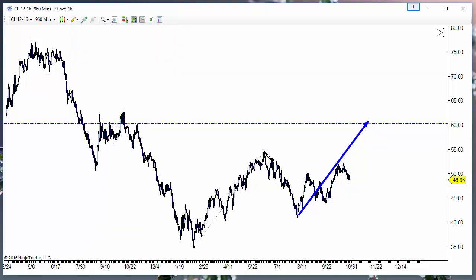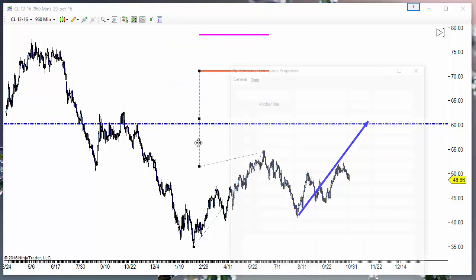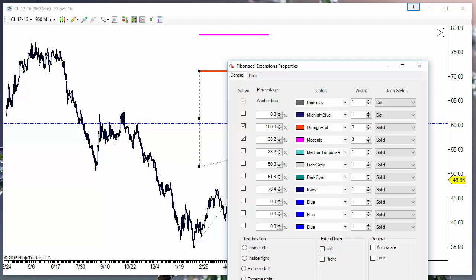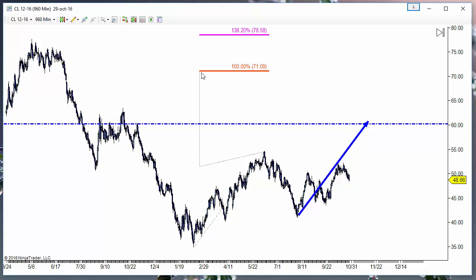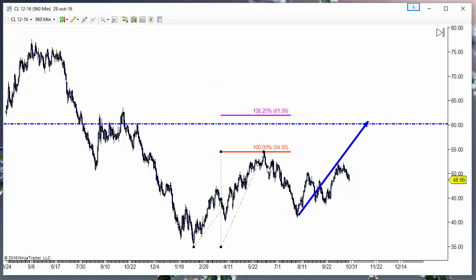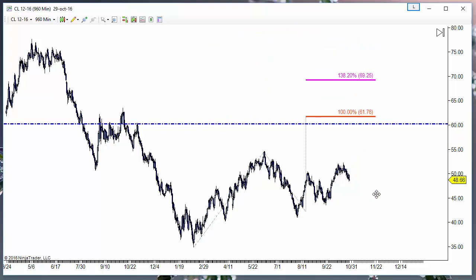We select the minimum, the maximum, and the values for the extension. I currently use only two: the 1-to-1 or 100%, and the 138%. We locate the extension on the new wave start.